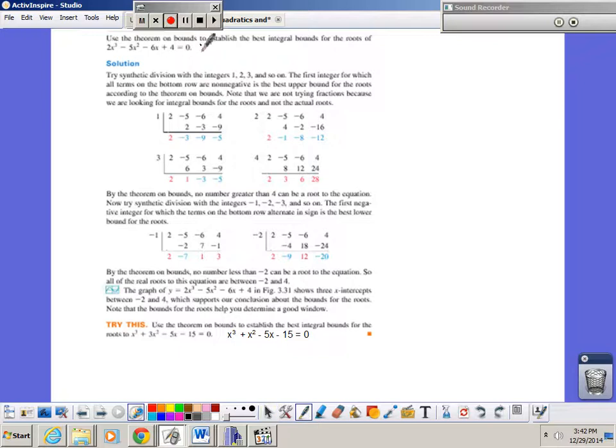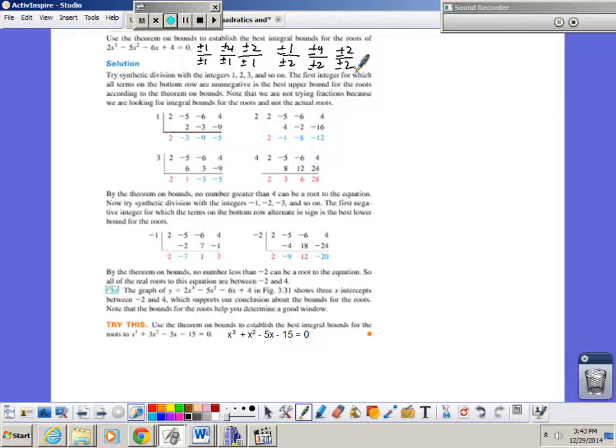Because plus or minus 1, plus or minus 4, plus or minus 2 over 2 over plus or minus 1, plus or minus 1, plus or minus 1 over plus or minus 2, plus or minus 4 over plus or minus 2, plus or minus 2 over plus or minus 2.